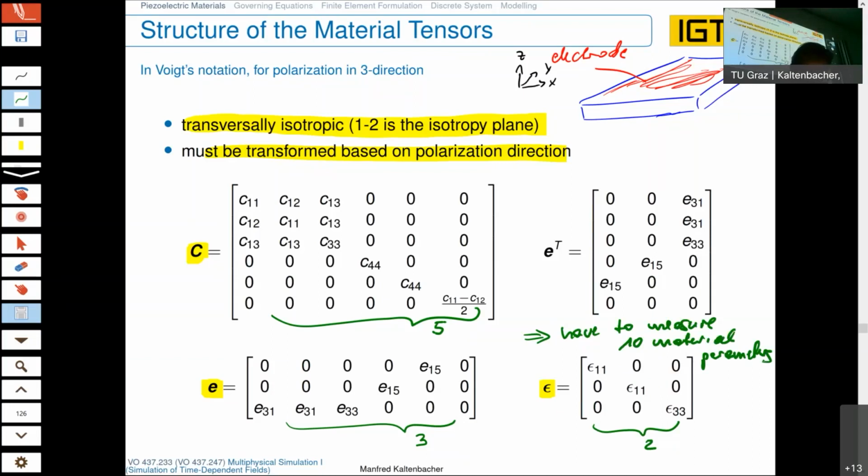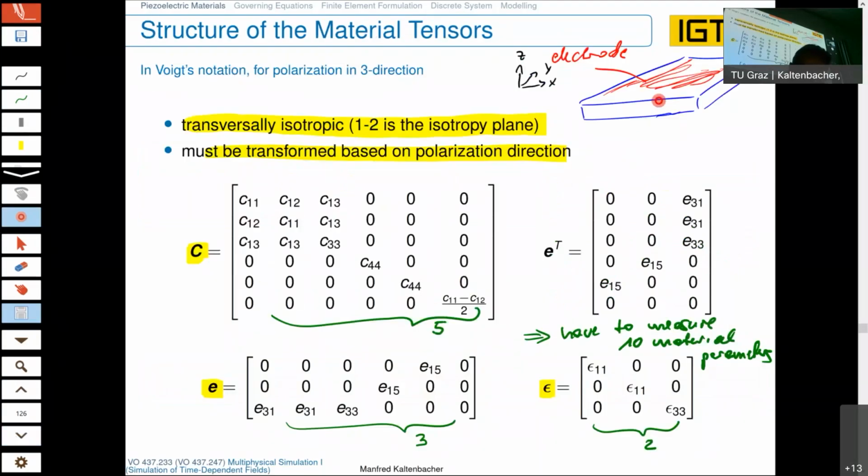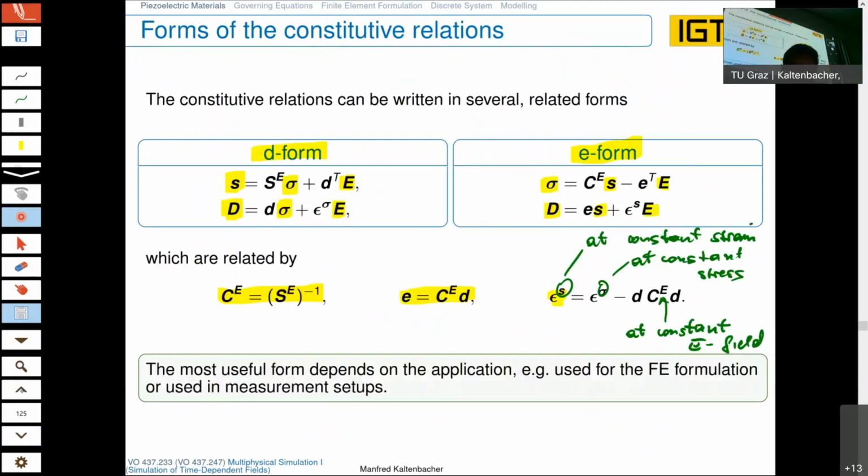So if I go back, then we see also that we have to fulfill something in our measurements. So for example, if you need the permittivity at constant stress, you have to have a measurement setup where, let's say, this is the sample where we have no stress, because we have to measure our dielectric permittivities at constant stress.